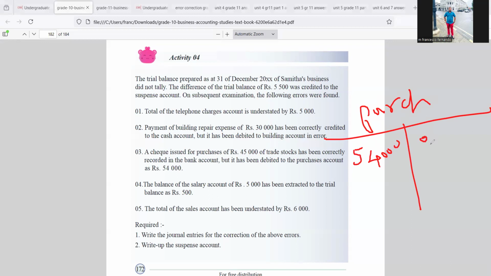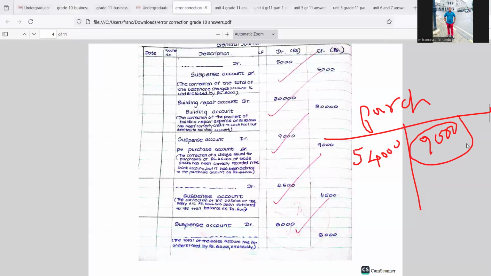So there is a difference of 9,000. If you credit this purchase account by 9,000, you can get the original value 45,000. So credit purchase account and debit the suspense account. Another thing: in front of the debit transaction, it is necessary to write DR, but we normally don't write CR for a credit transaction. We only write debit in front of the debit transaction.